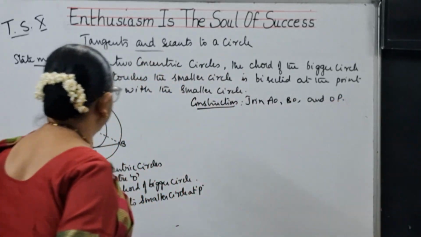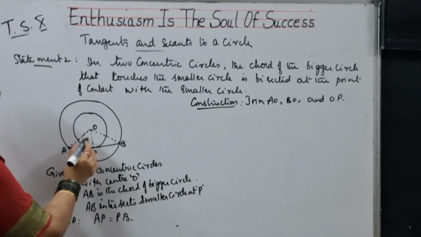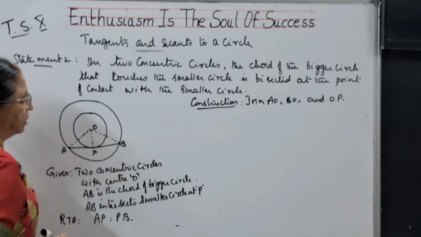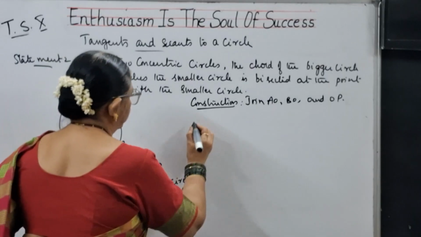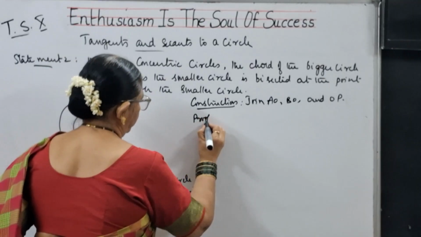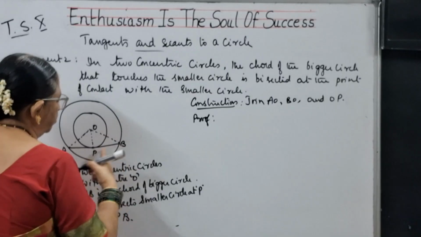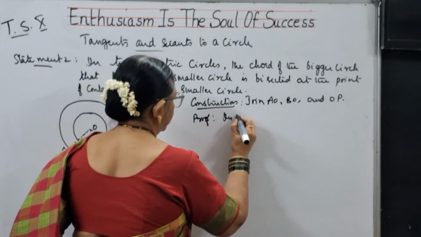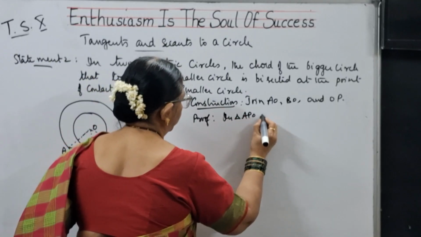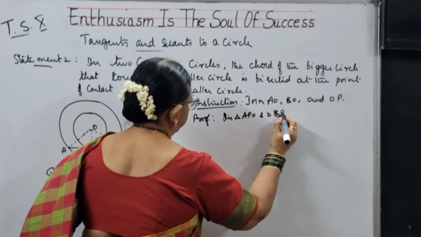So this is your construction. Because you have joined it like this, you are getting two triangles. So in the proof, you are talking about triangle APO and triangle BPO.